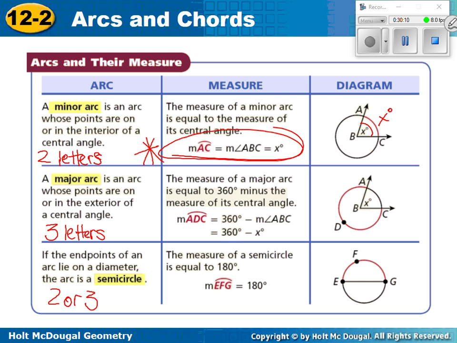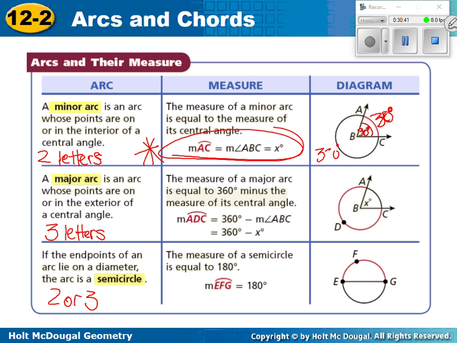Okay, so a minor arc is going to be the distance between the endpoints inside the central angle. The major arc is going to be everything outside the central angle. So in other words, if I tell you that this angle is 30 degrees, what's the minor arc? 30 degrees. What's that going to leave then for the major arc? 330 degrees.